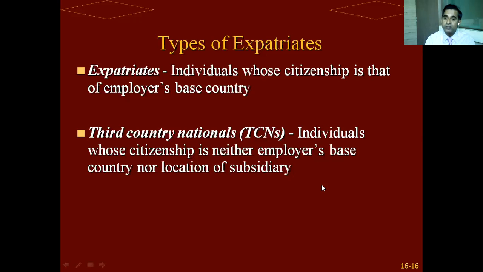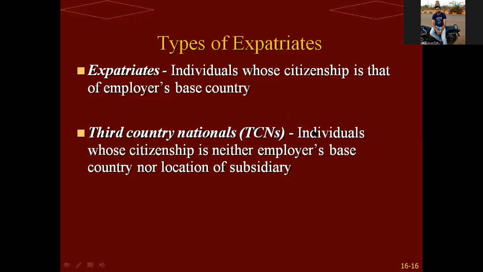These Indian employees are sent to other countries like Thailand or Scotland. When they go there, they become third country nationals, because my brother is neither an American nor a citizen of Scotland. He has just gone to Scotland for work, so he becomes a third country national. Is this clear?